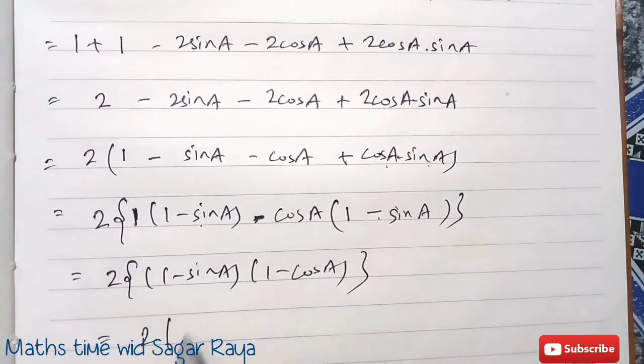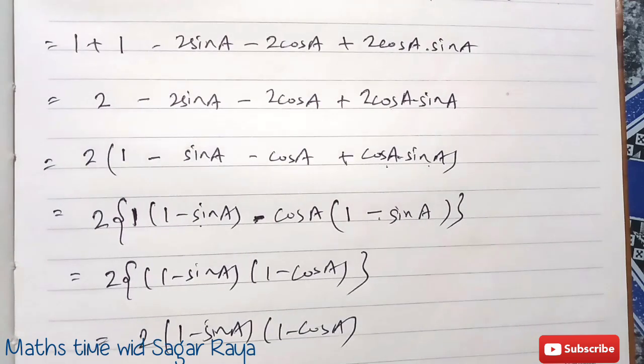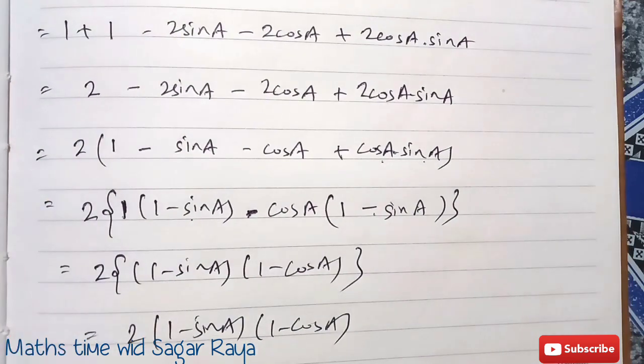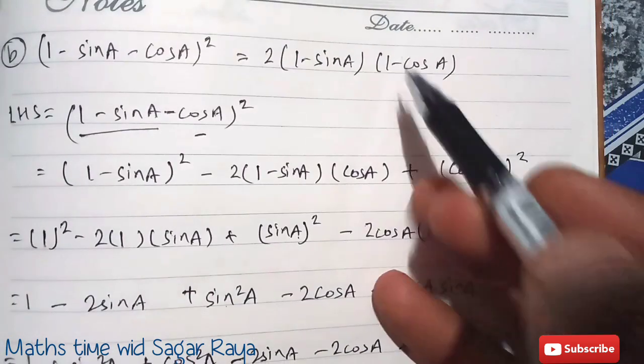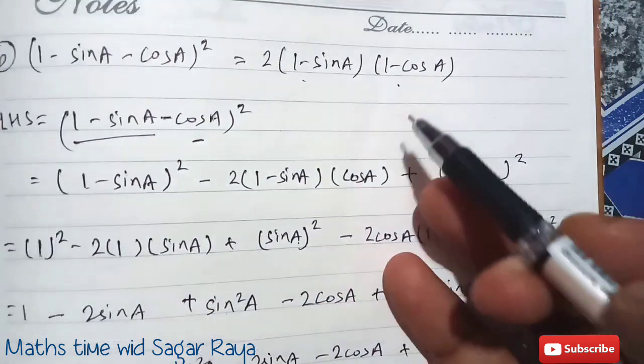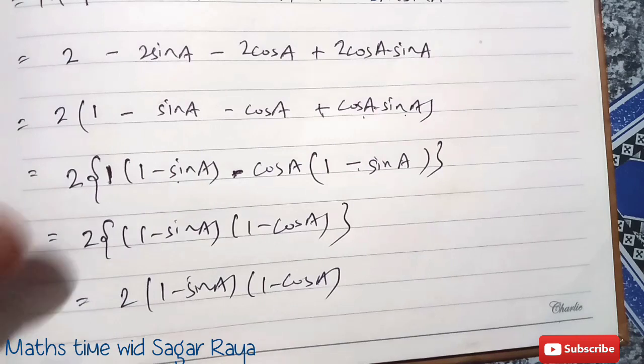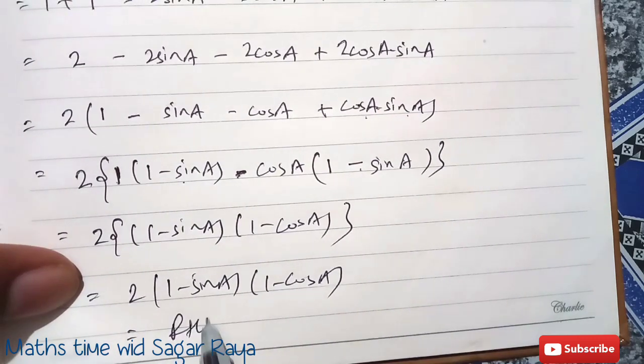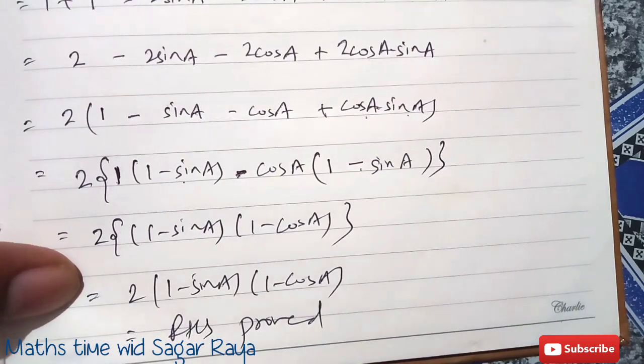So now 2 times (1 - sin a)(1 - cos a). So this is our answer, RHS. So this one and this one are the same, which is equal to RHS. Proved.